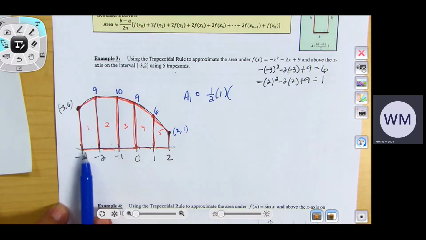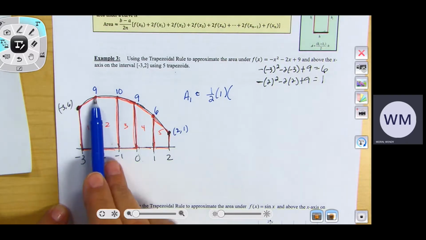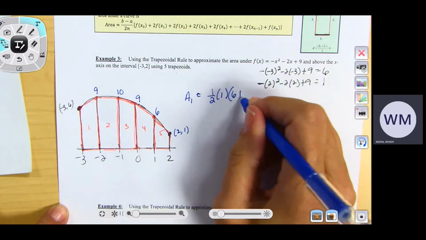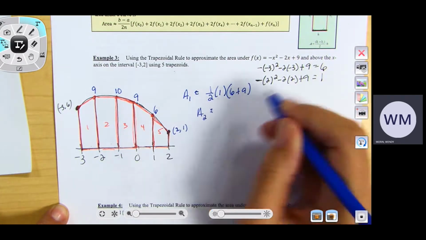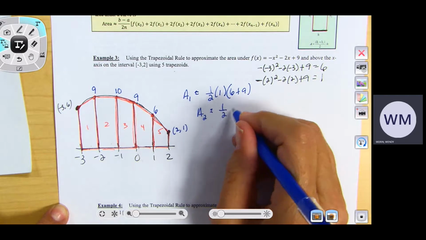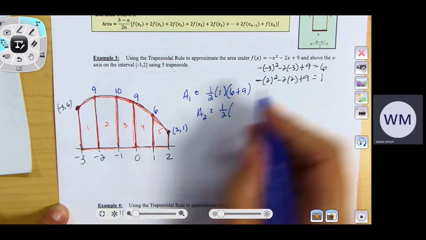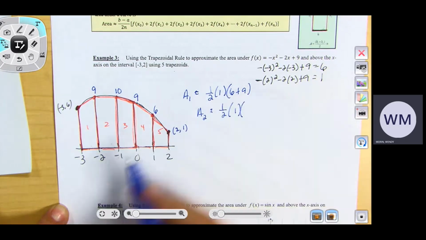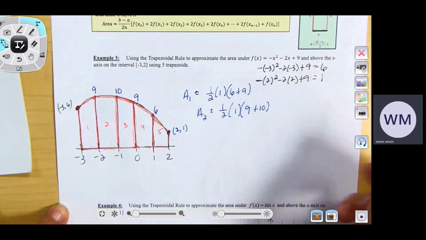So in this trapezoid, the length of this base is 6. The length of this base is 9. So that's 6 plus 9. If we do area number 2, that's 1/2 the height of the trapezoid, which again is 1, times the sum of the two bases, which is 9 and 10.